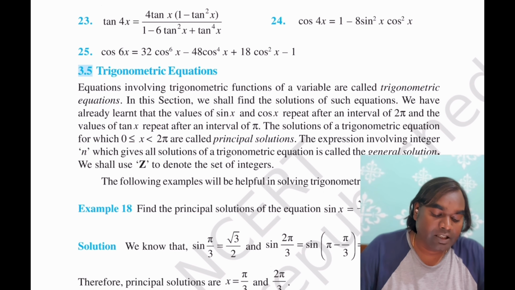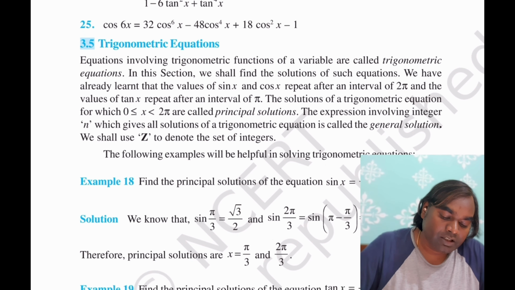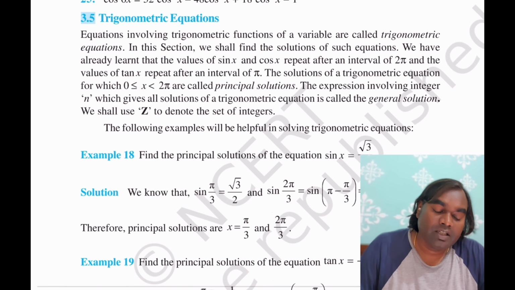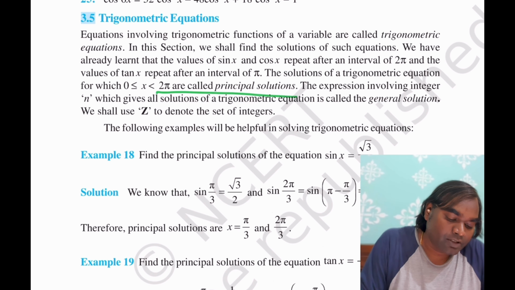Now the trigonometric equations. Equations involving trigonometric functions of a variable are called trigonometric equations. We shall find the solutions of such equations. The solutions of a trigonometric equation for which x is greater than or equal to 0 and less than 2 pi are called principal solutions.